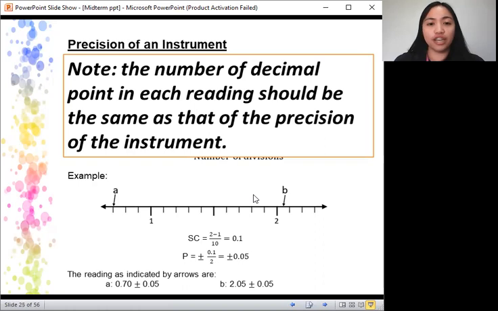Okay, so you have to take note that the number of decimal points in each reading should be the same as that of the precision of the instrument.